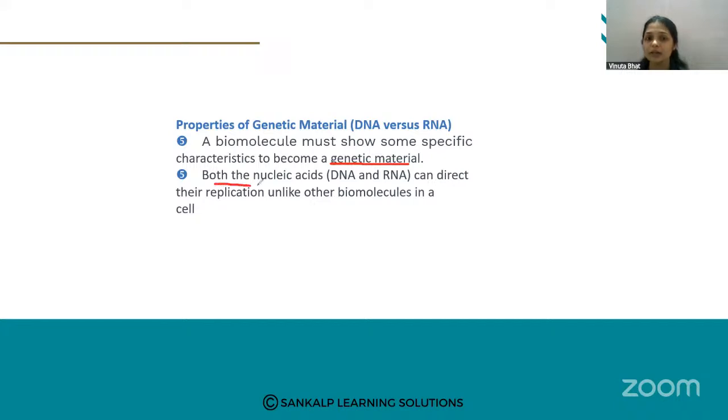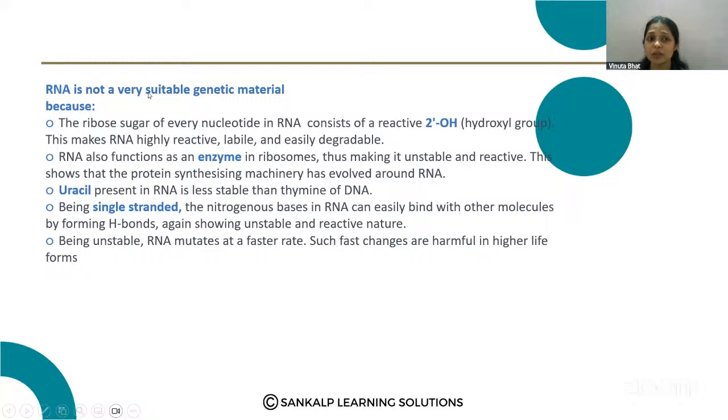Both nucleic acids can direct replication, unlike the other biomolecules in the cell. They are able to replicate. Replication means to form the exact copy of another molecule. RNA is not a very stable genetic material because the ribose sugar of every nucleotide in RNA consists of a reactive hydroxyl group.